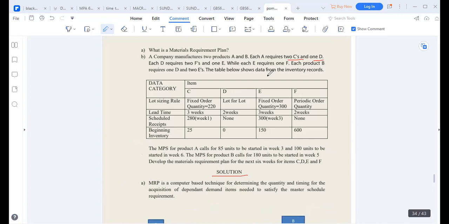The beginning stock was there. These products were C, D, E, and F. The examiner just changed a few things. Yours was on fixed order quantity; it was lot for lot. Fixed order quantity and period order quantities were the lot sizing rules that we are supposed to look at.